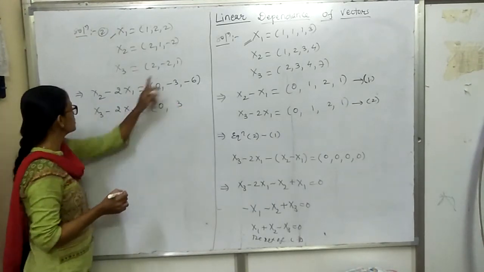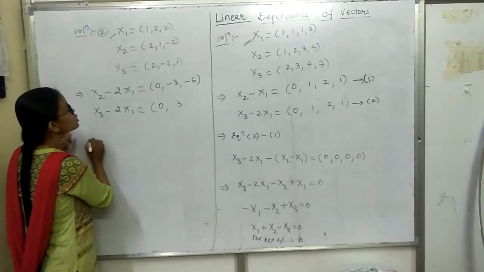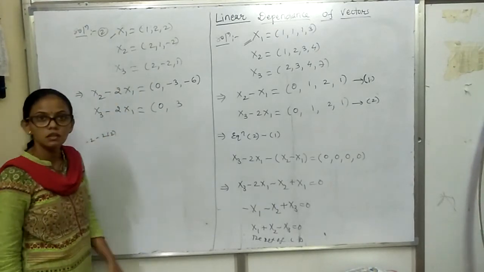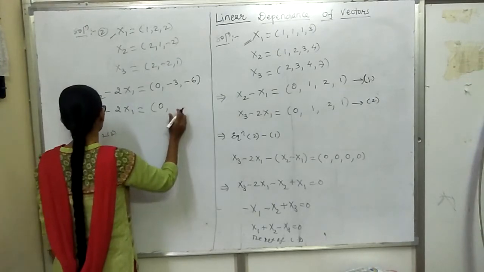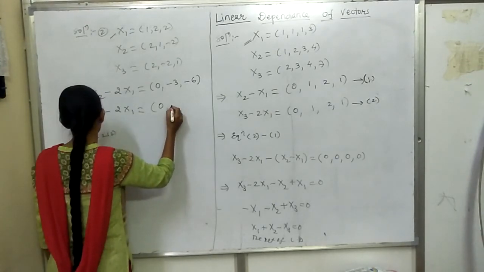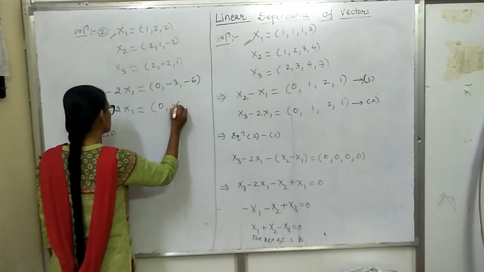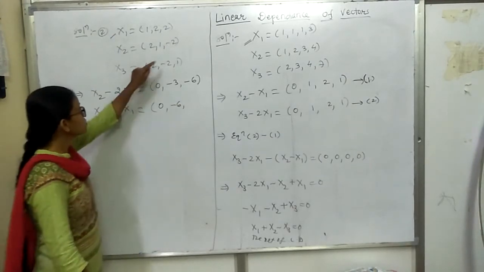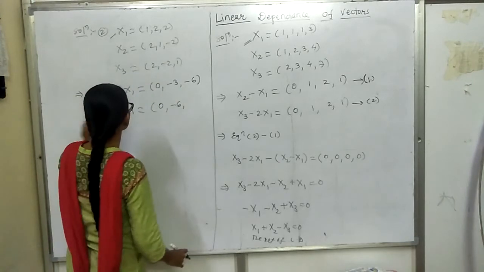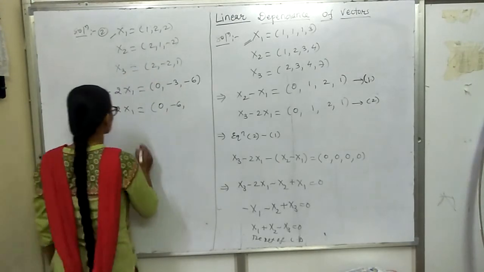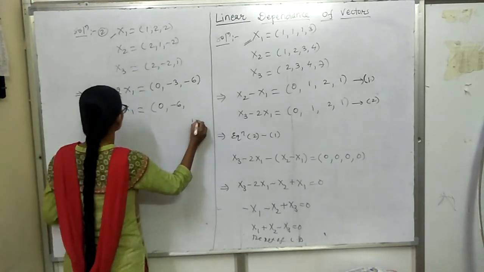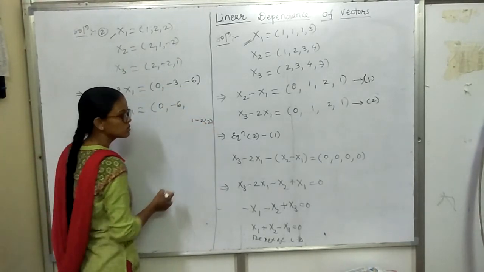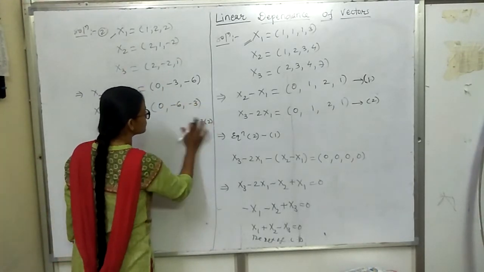Okay, here minus 2 minus 2 times 2 will be minus 6. Similarly here 1 minus 2 times 2. First element is 1, 1 minus 2 times 2, so here minus 2.